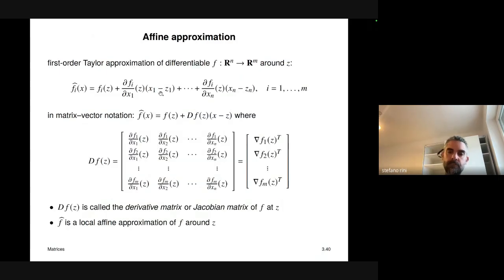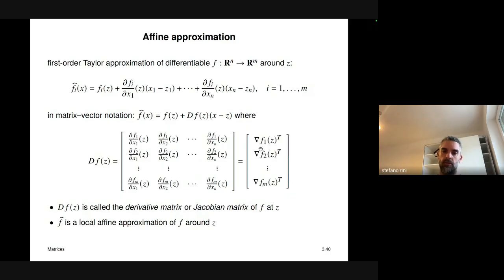We discussed before what happens when you take the derivative of a scalar function with respect to a vector of inputs. Here, finally, we have a vector to vector function, right? This is a function that goes from R^n to R^m, and you can ask yourself what is the derivative of this object. It's clear that you want a matrix in which each row corresponds to one of the elements of your output, so f1, f2, f3, and in the columns you stack all the independent variables.